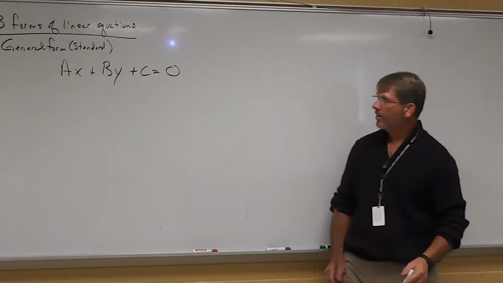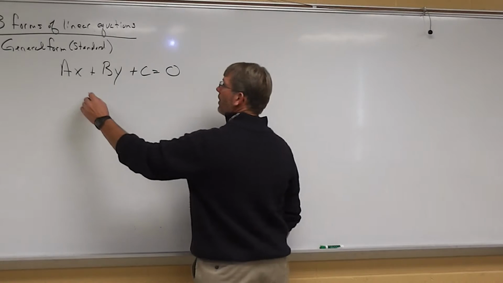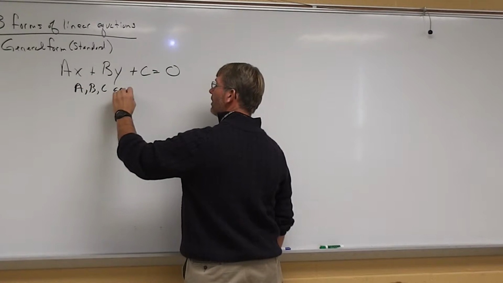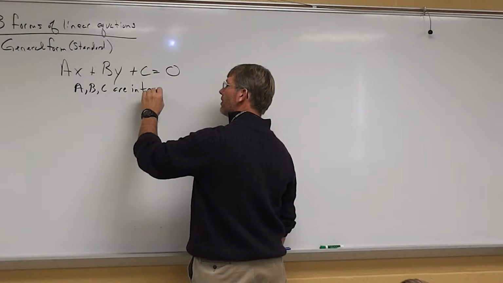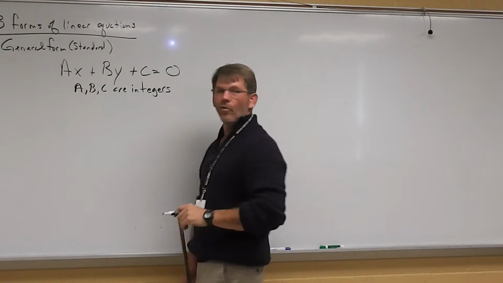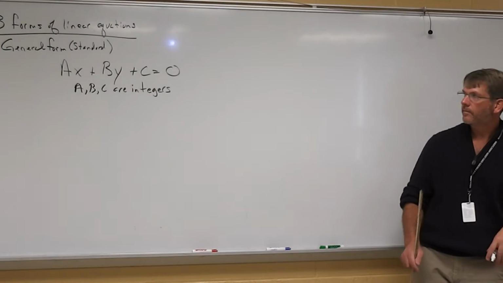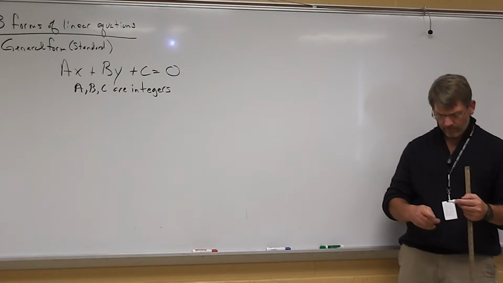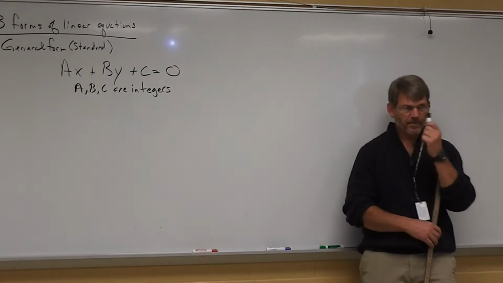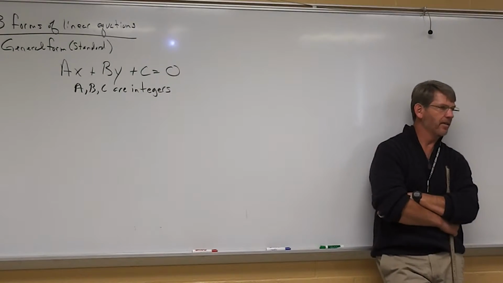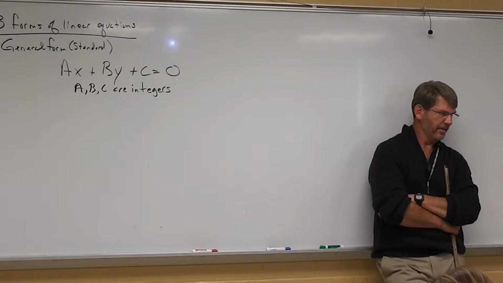When we're in this general form, the a, the b, and the c have to be integers. No fractions allowed. To remind ourselves about something here: when I say this is a linear equation, how do I know it's linear? By just looking at the equation.